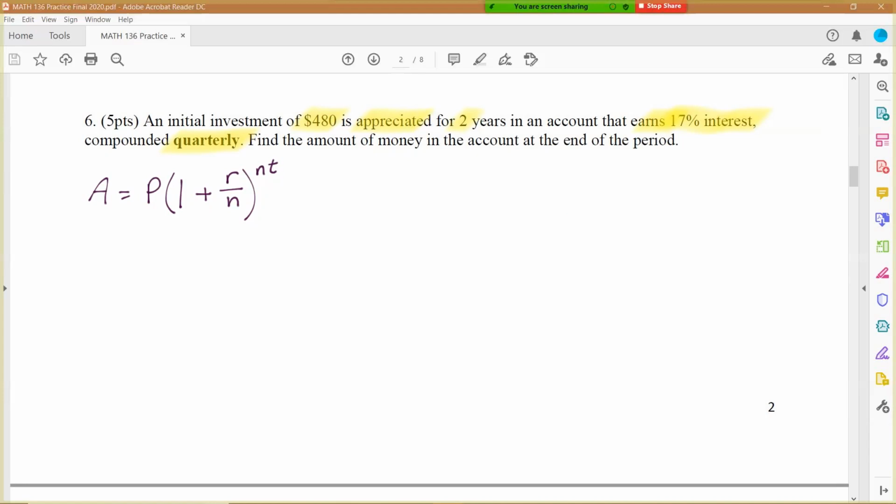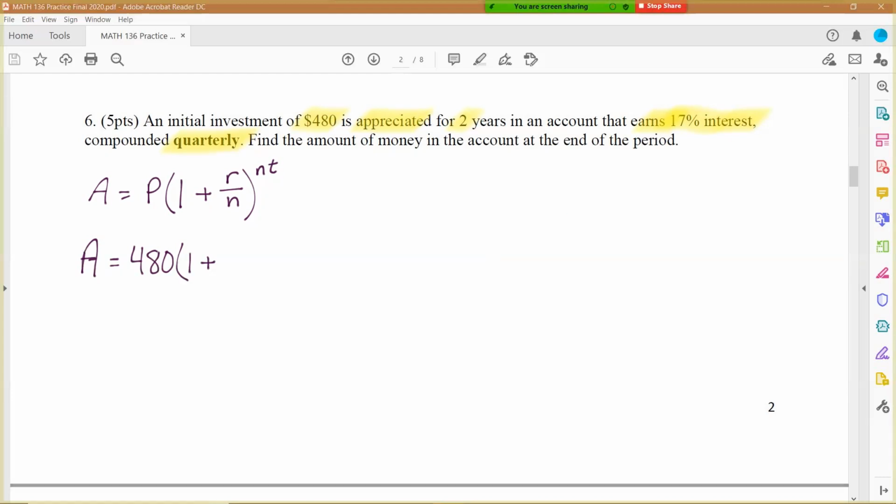So we need to figure out where these numbers go. We know we're trying to find the amount, so A is not going to change. P was the initial principal. What was our principal, or our money that we invested? $480. In our parentheses, it's always 1 plus because we're gaining interest.